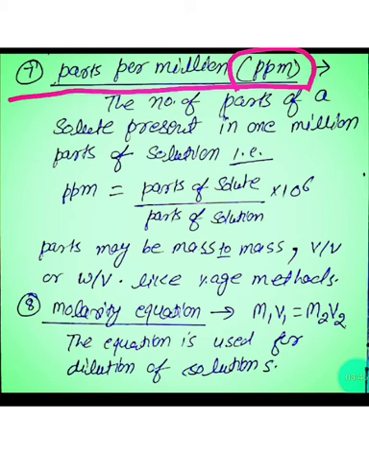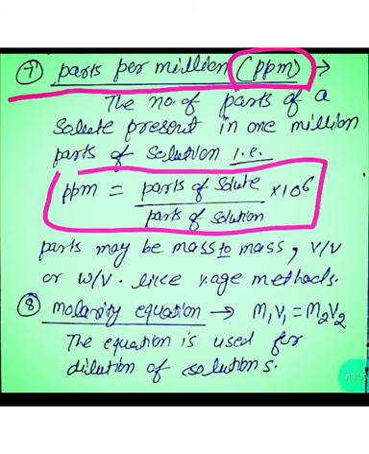And the definition can be understood with the formula first. The ppm for a solution is equal to the parts of solute, it means mass of solute, divided by parts of solution, that is mass of solution, and multiplied by 1 million, that is 10 raised to power 6.